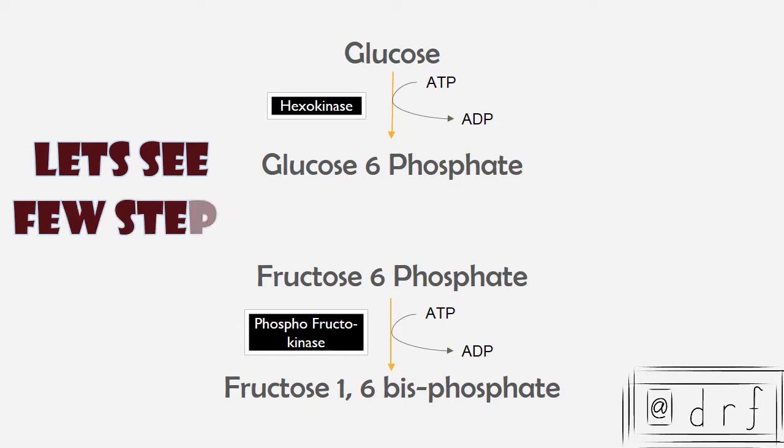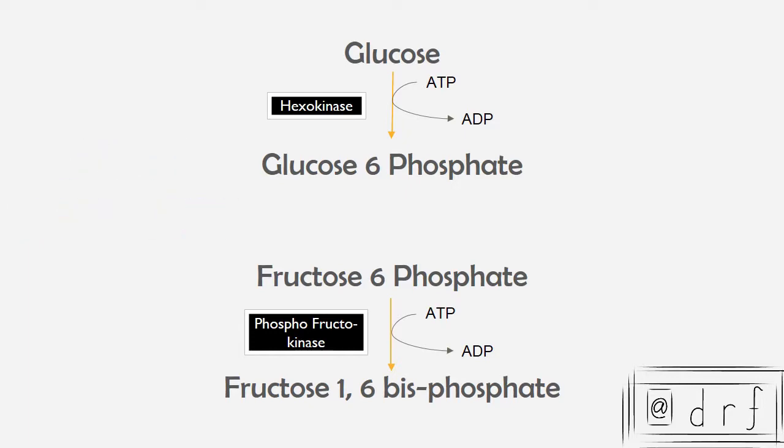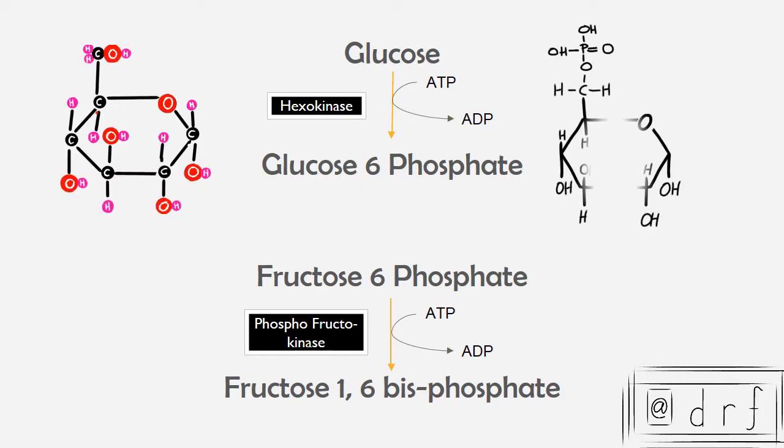Let's see a few pathways. In glucose, the very first reaction, we consumed one ATP molecule so that we can add a phosphate group to the glucose. See, this is a glucose molecule, and we added a phosphate group to it on the 6th carbon.